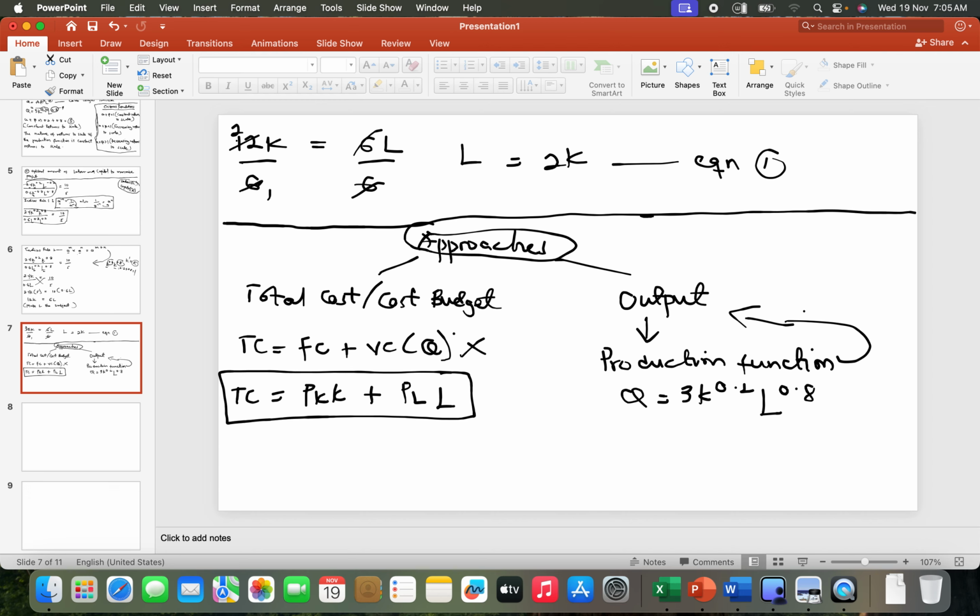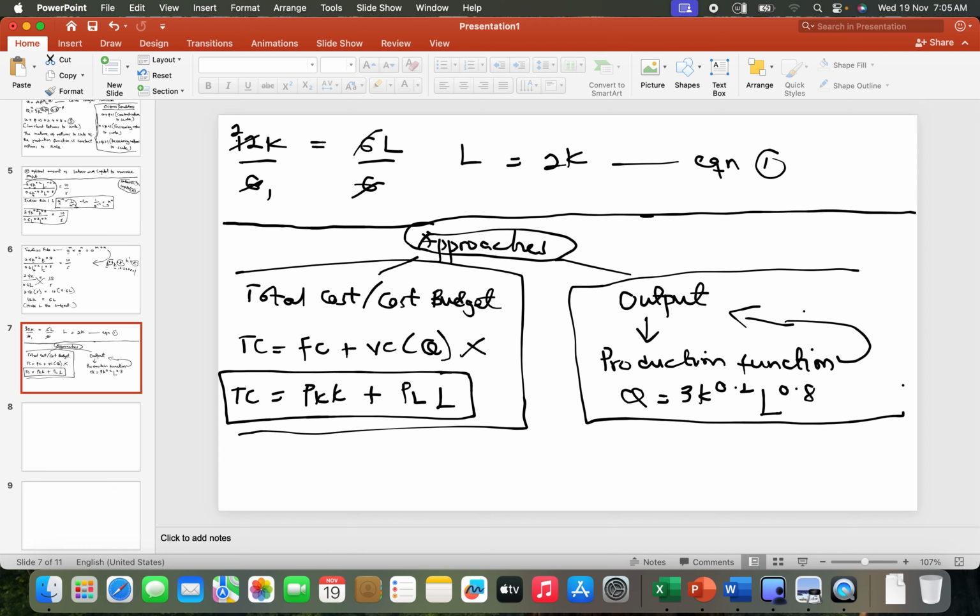I'm trying to make a brief analysis here for you to understand why I'm supposed to use this particular one. It all depends on the question. With our question, we're given cost budget, not output. So they gave us a total cost, which is the same as cost budget. So in continuing with this question from equation 1, I'm going to use this approach to solve it.